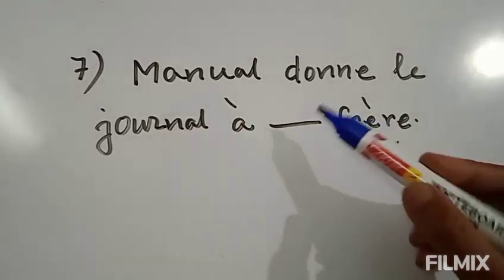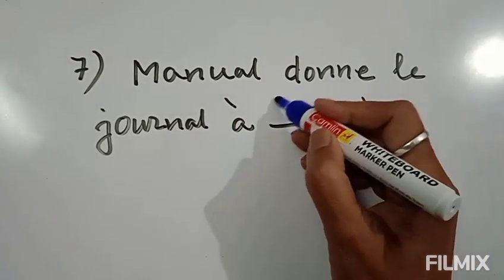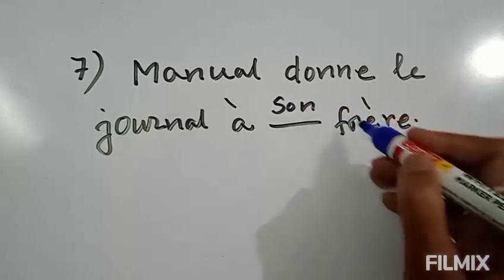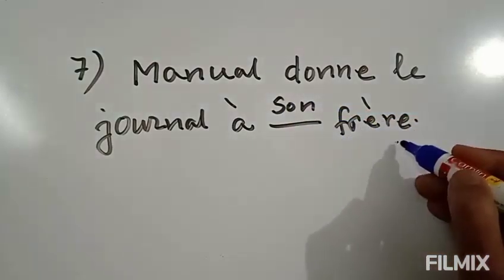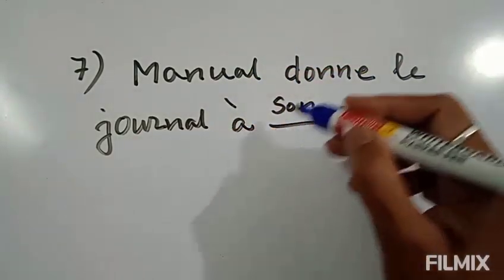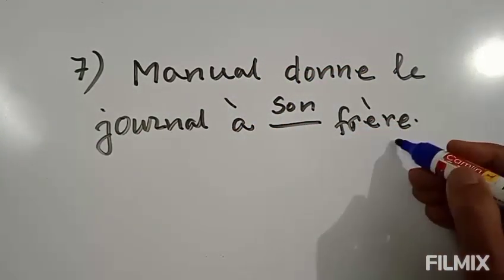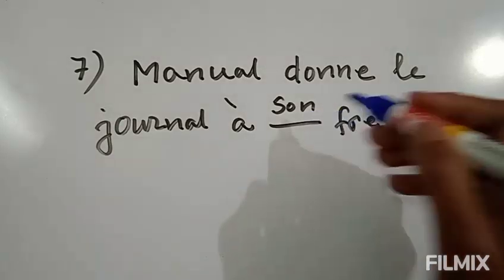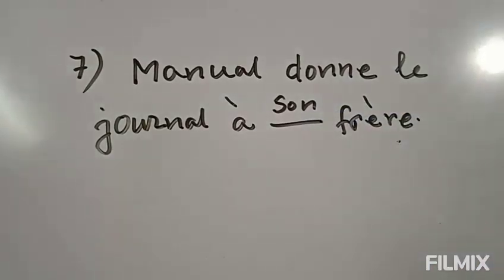What will be the appropriate adjective in the blank space? That is à son frère. His brother. Manuel gives the newspaper to his brother. Frère is singular, masculine, so S-O-N, son is being used.